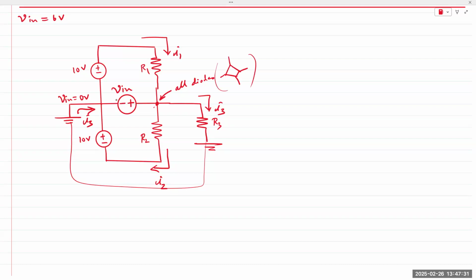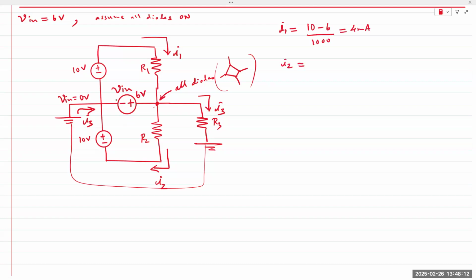All right, so I'm going to go through this quickly. My assumption is that all diodes are on. So the initial assumption is to assume all diodes on, and I'll quickly find I1 and I2. If I apply KVL around the loop and apply Ohm's law, I1 is 10 minus 6 divided by 1000, which gives me 4 milliamps.